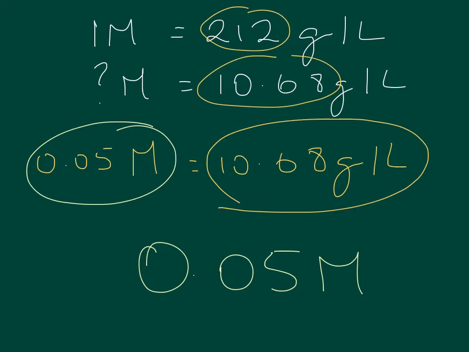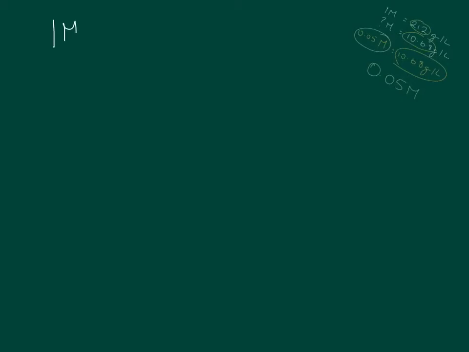Alright, so we'll move on to question 12. It says the molecular weight of glucose is 180. So again, I know my equation: 1 molar equals 180 grams per litre. It says express a blood glucose concentration of 80 milligrams per 100 ml as a molarity. Whenever I see molarity, I'm always thinking litre.